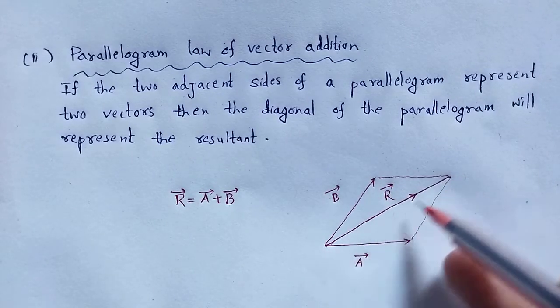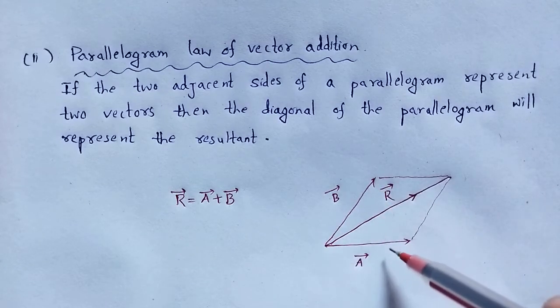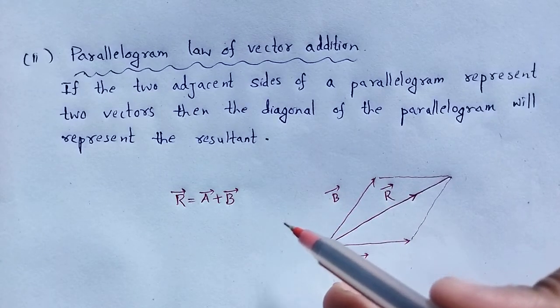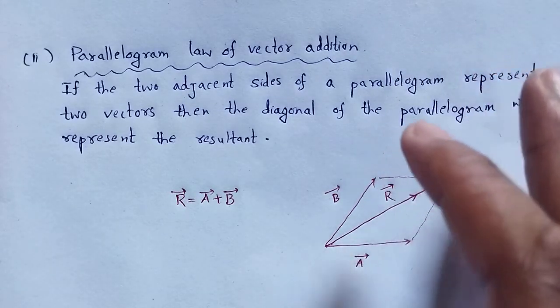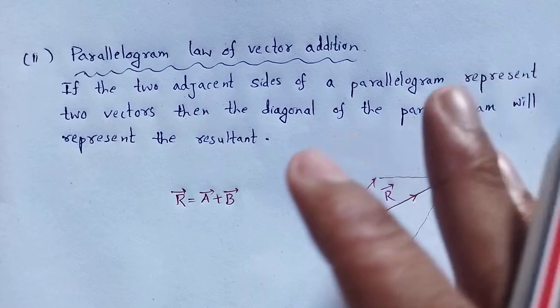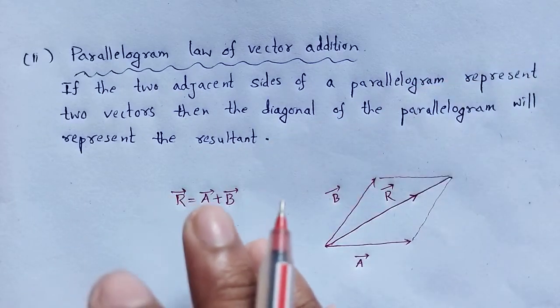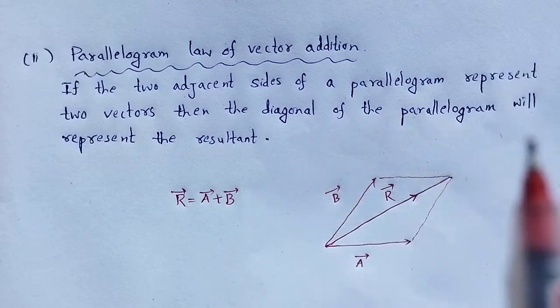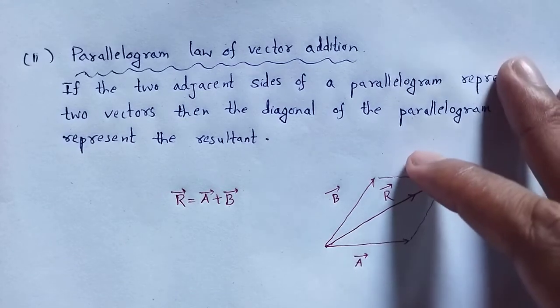Then the diagonal, that is R vector, represents the resultant of these two vectors, A vector and B vector. These two are the statements of vector addition, the triangle law and the parallelogram law. But we can also represent these mathematically in a different way.